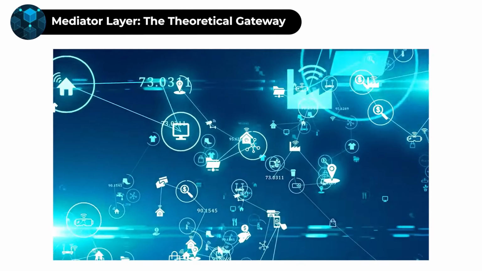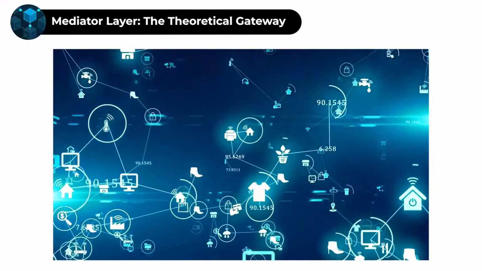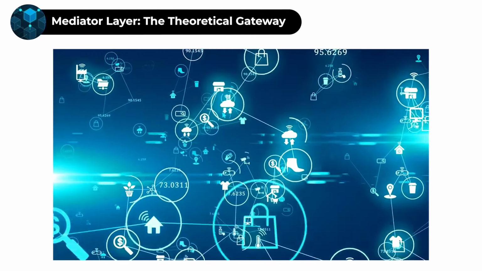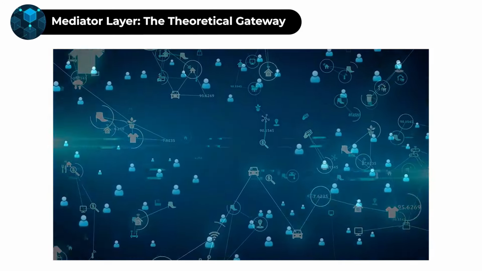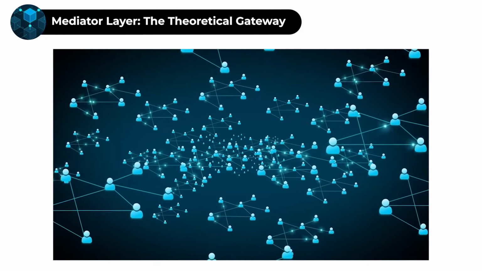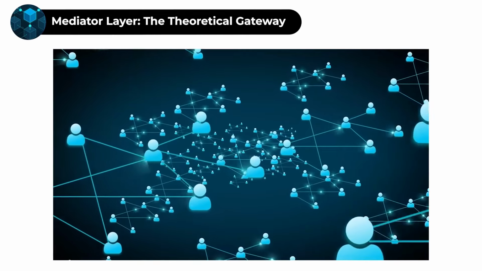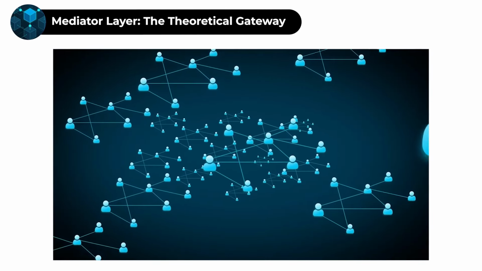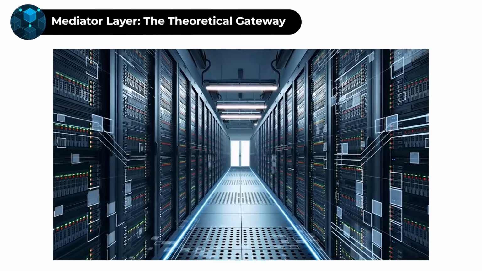Though not officially recognized, the Mediator Layer is theorized to act as a gateway or buffer, providing a controlled or semi-obscured access point to the deeper and more secretive parts of the digital realm. It is said to serve as both a filter and a facilitator, mediating between users and the sensitive information or networks that lie beyond ordinary reach.